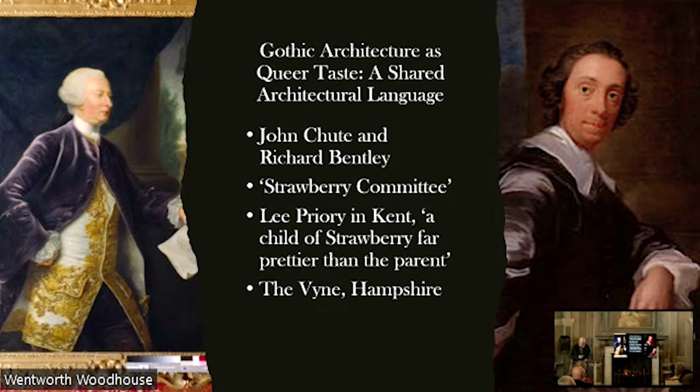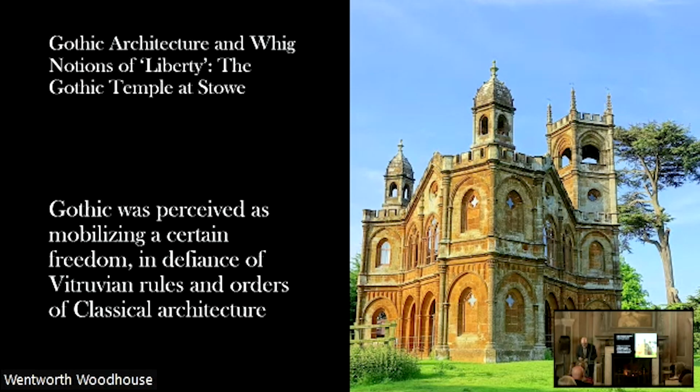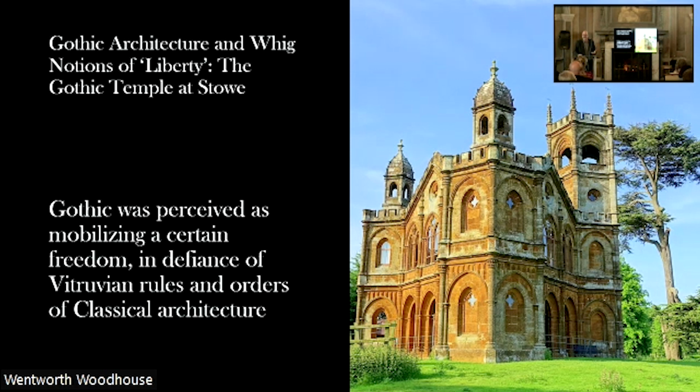Since Gothic exceeded and rejected the laws of classical architecture as they'd been laid out by Vitruvius in the Ten Books of Architecture, Gothic was also perceived by some 18th century Whigs as the architecture of freedom and liberty. Now, I'm not suggesting that Whigs such as Horace Walpole and his father always built in the Gothic style. And again, this very building is testament to that, a seat of Whiggish power built at least in the East Front in the Palladian style.